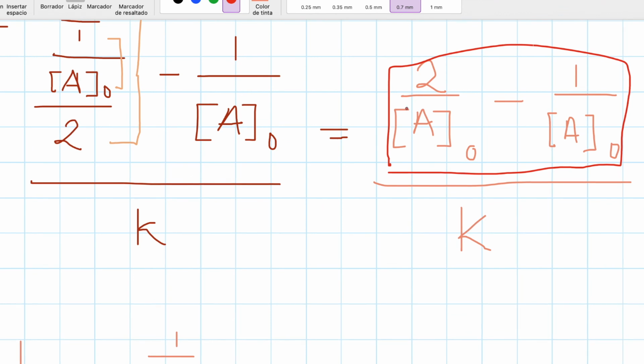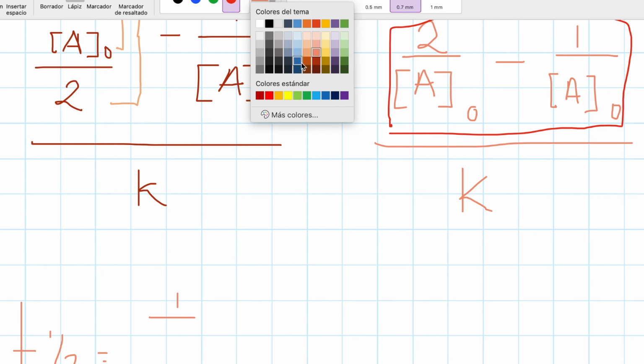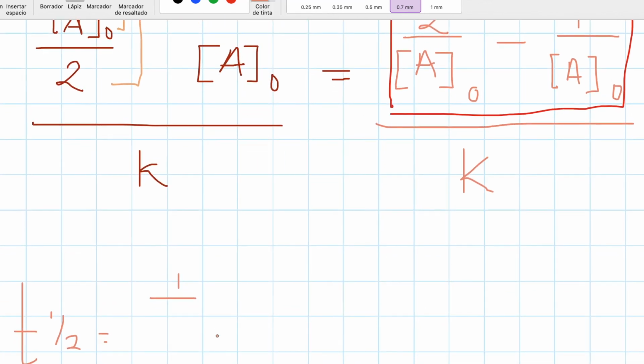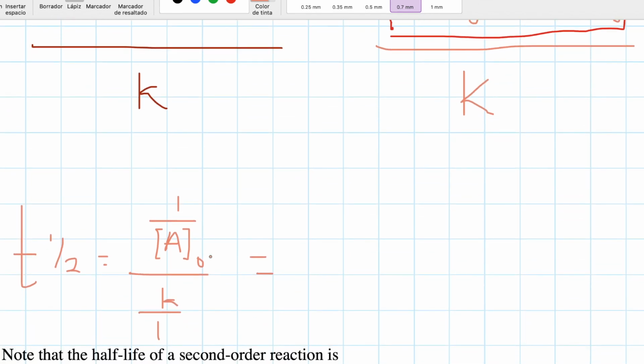Right here, we're focusing on our numerator. Our numerator has the same denominator, which is initial concentration, so we just need to do a simple subtraction. 2 minus 1 is going to be 1. So 1 over initial concentration divided by K.